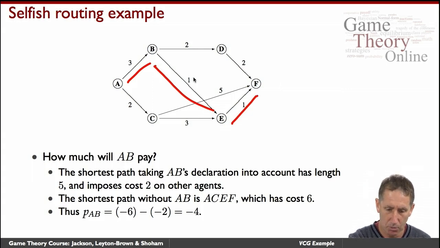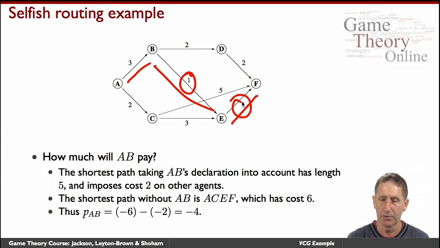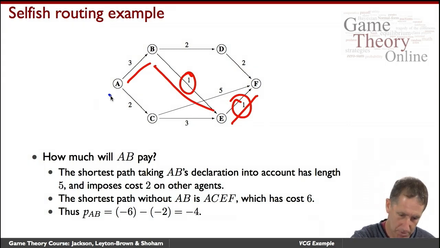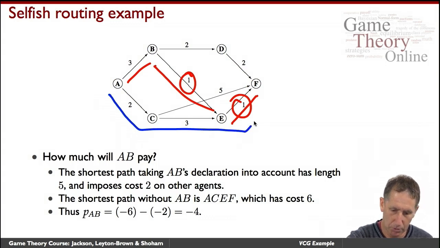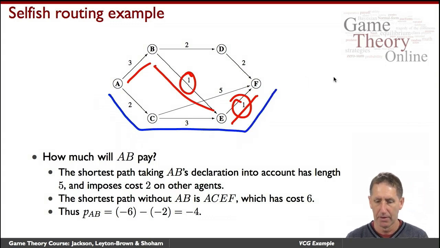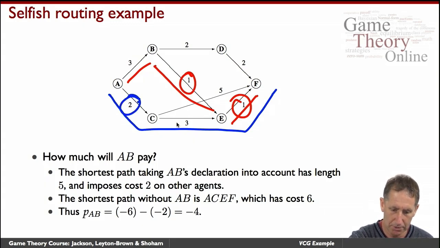Well, it's 1 plus 1, the cost of 2. Had AB not been in the picture, what would have happened? Well, the shortest path would have been this one over here. So this would have been the shortest path of a cost of 2 plus 3 plus 1.